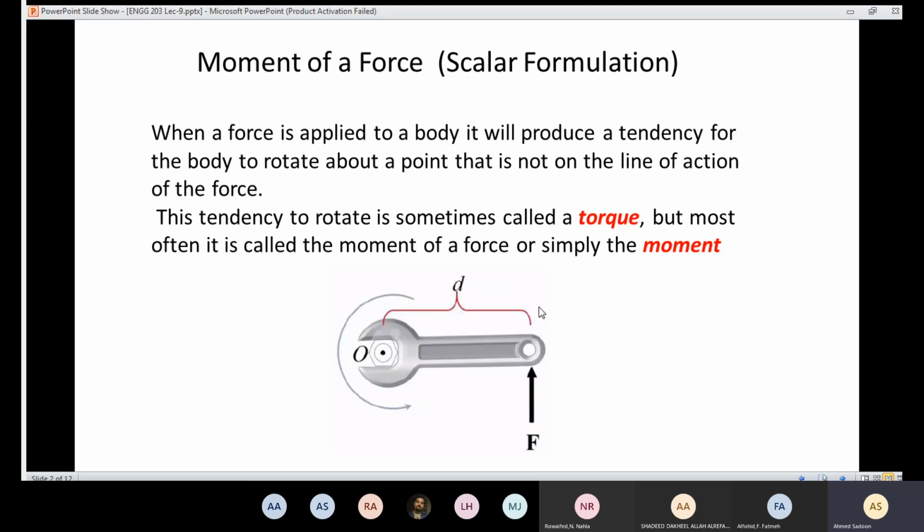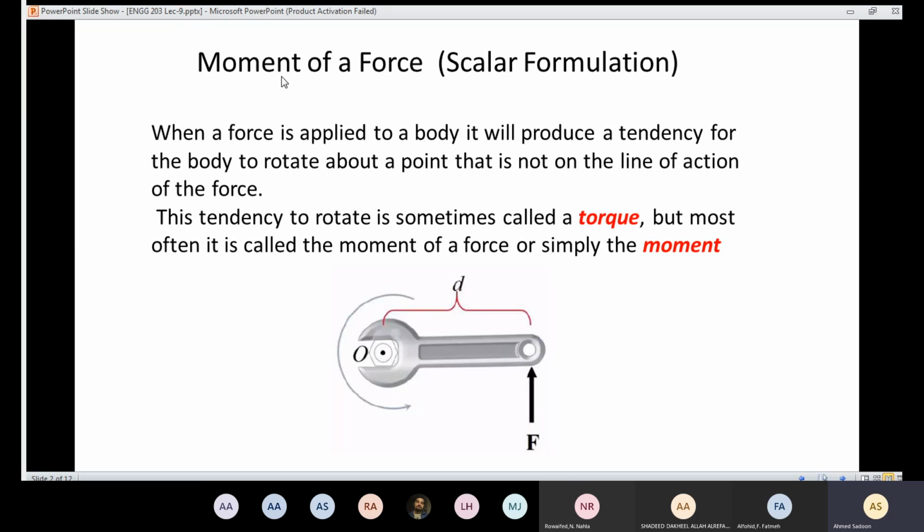If we draw the extension of that line, it's the line of action. So as long as the line of action does not go through the point of rotation, in that case we are not going to have a moment of a force.